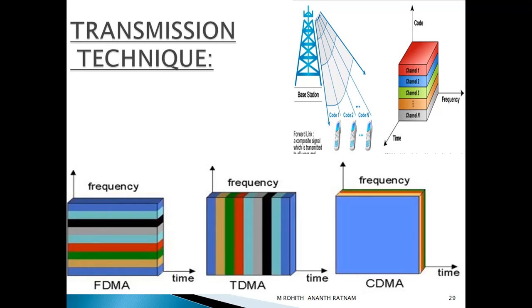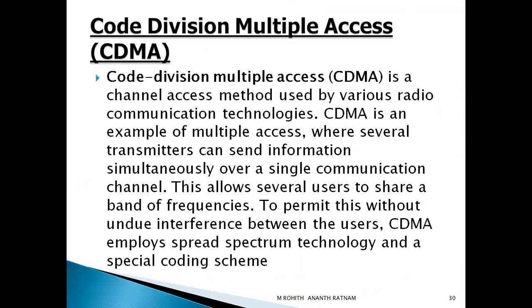Only the code will be given for each satellite. So in most of the cases, CDMA is the best option for the transmission technique. And in most of the cases, for navigation satellites also, they prefer the CDMA technique. Right?